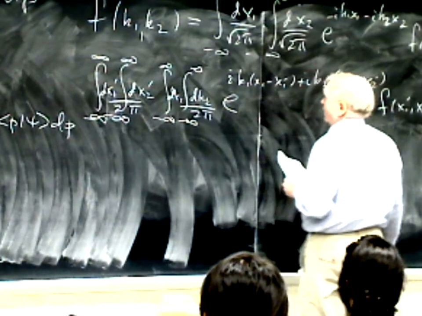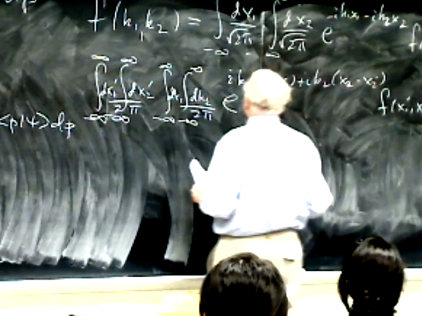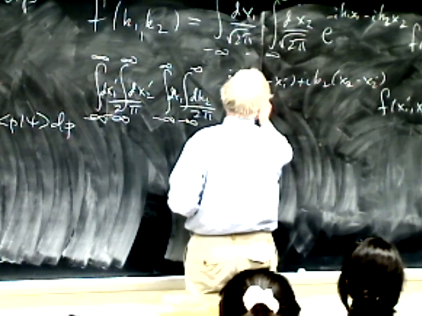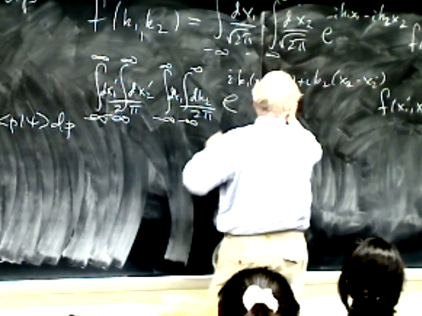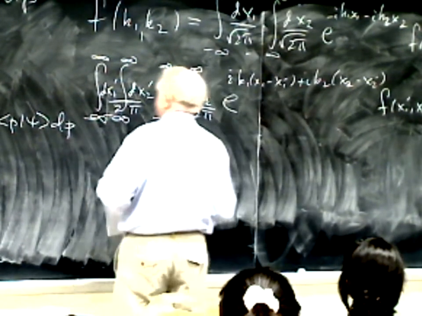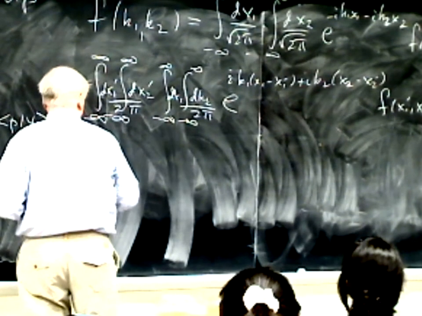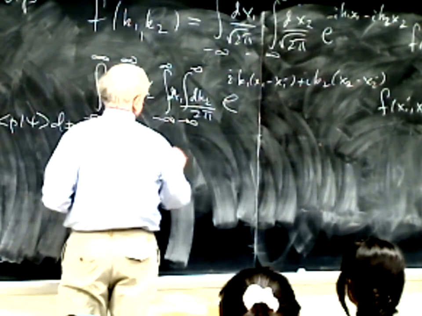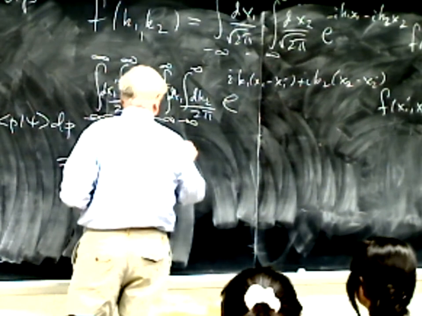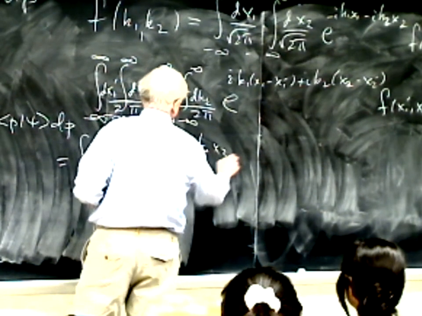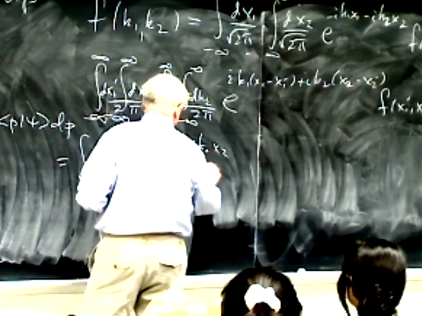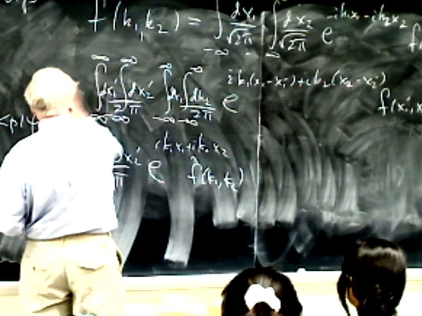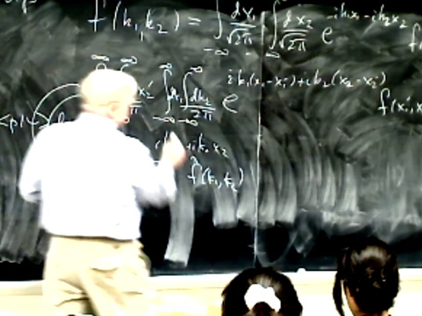In other words, this thing with the e to the minus i is the same as this: integral dx1 prime dx2 prime over 2 pi, e to the i k1 x1 plus i k2 x2, of f hat of k1 k2. So this is equal to that. And then what happens?